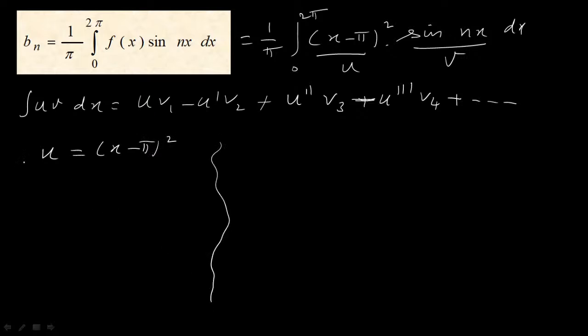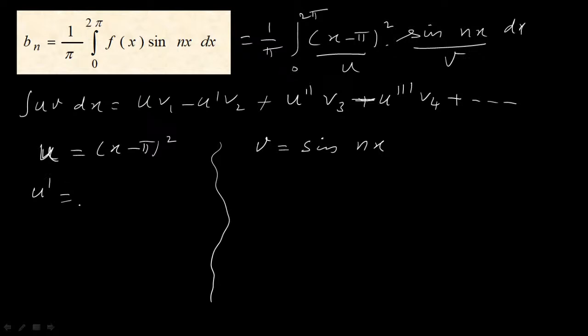So there is no change in the integration of u dash and u double dash that we calculated as before. And only the change here is that we take cos nx as v, but here we take sin nx as v. So v is equal to sin nx. Okay. So u is equal to x minus pi the whole square. Let me first differentiate this.